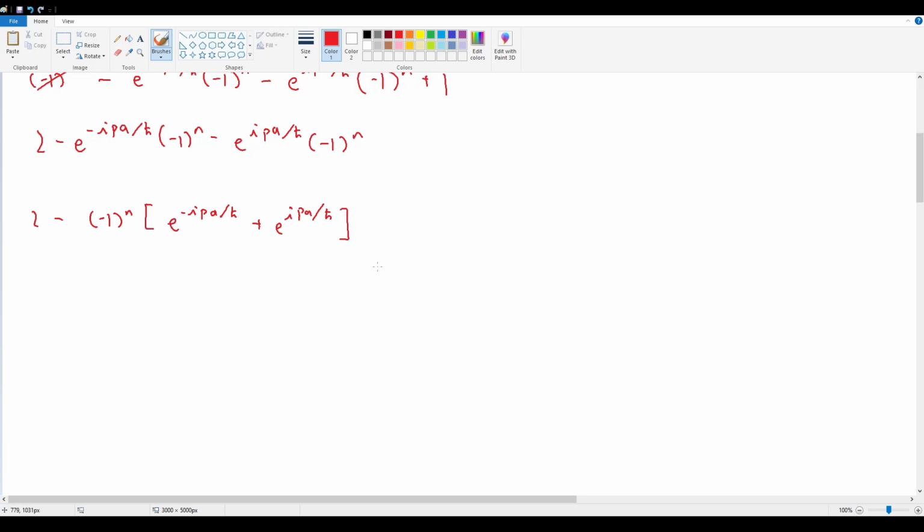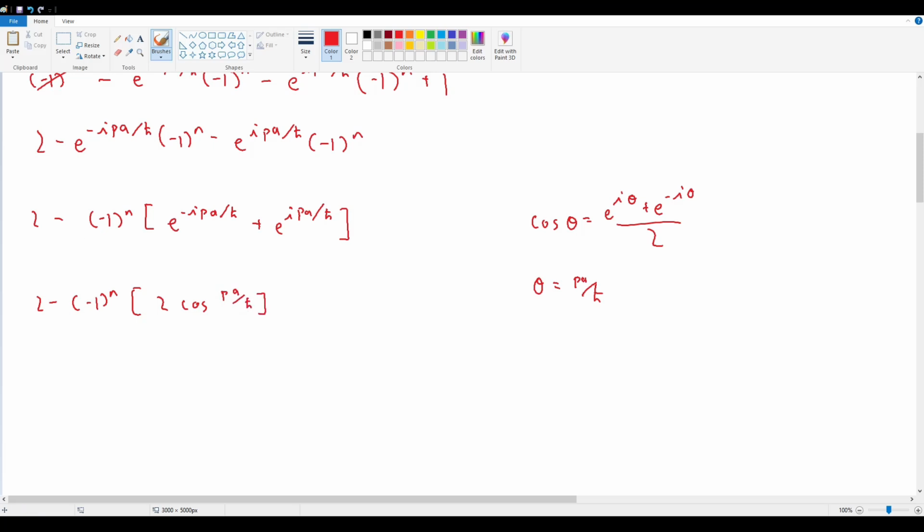And this can then be turned into a sinusoid, because we know that cosine of theta is equal to e to the i theta plus e to the negative i theta divided by 2, in which case the theta in this case is going to equal pa over h bar. So you have 2 minus negative 1 to the power of n times 2 times cosine of pa over h bar.